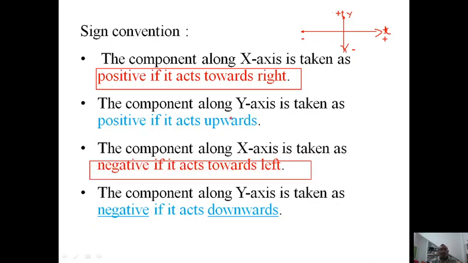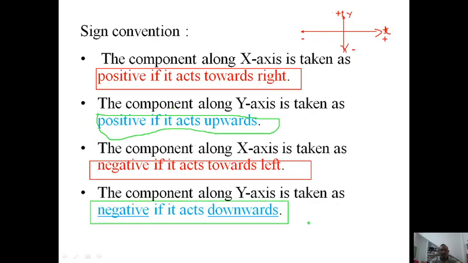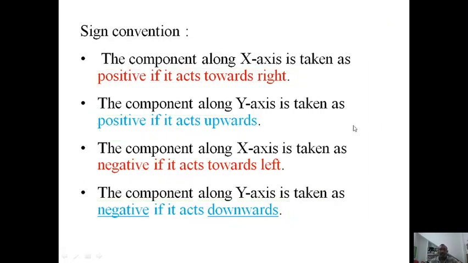In a similar way for the y-axis, if it acts upward, then it is positive. If it acts downward, then it is negative. Right? So that is the convention for the force after resolution. You should take these sense, because we already understood that a force has sense and direction. Hence, accordingly, you have to put the positive sign and negative sign.